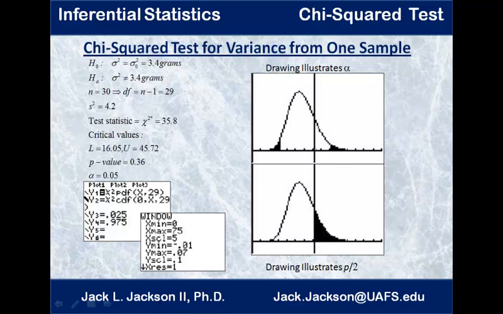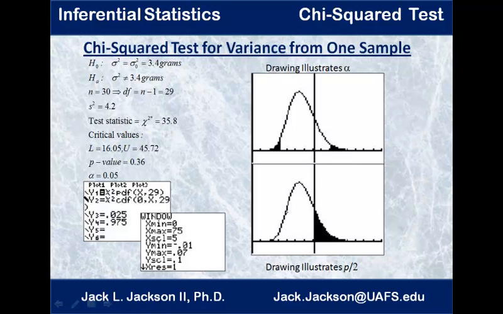So it's not in the critical area, so you leave it alone. Notice this is the classical approach. For the p-value approach, we find our test statistic, and notice I've drawn a vertical line in the same place, same graph, same scale, so you can compare. Then I did the area from there on out to the right, because this is the right tail. That area is p over 2.